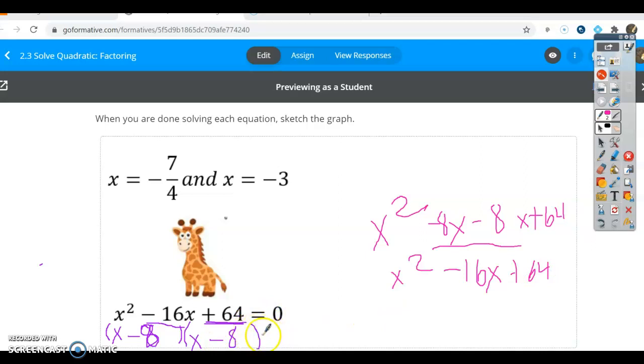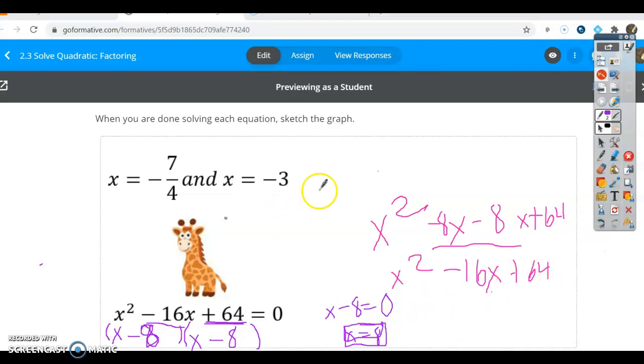Okay? So now I'm going to set these factors equal to 0. So I have x minus 8 equals 0. Add 8 to both sides, so x is a positive 8, okay? And you should notice that these two factors are the exact same, so in this case we're only going to have one x-intercept.